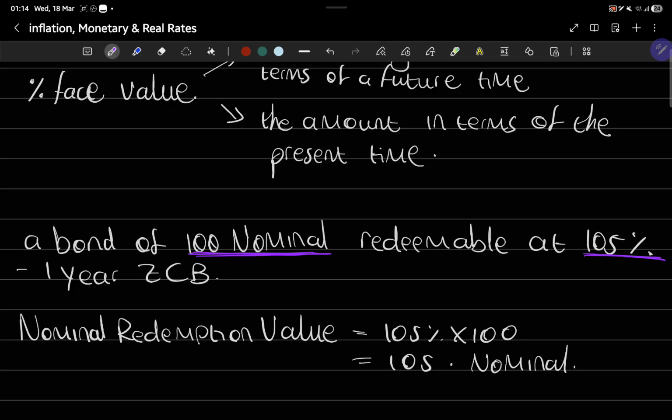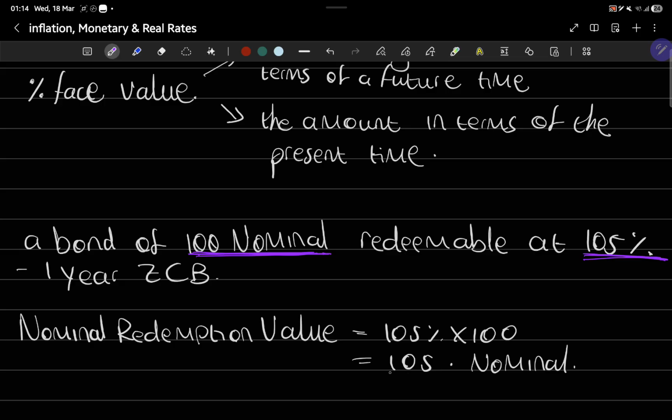They are merely telling you that we don't know how inflation is going to work. We don't know how the purchasing power will go up and down. All we can tell you is that in that specified future time, we'll be able to give you a certain percentage of the nominal value, however much that nominal amount is worth at that particular time.